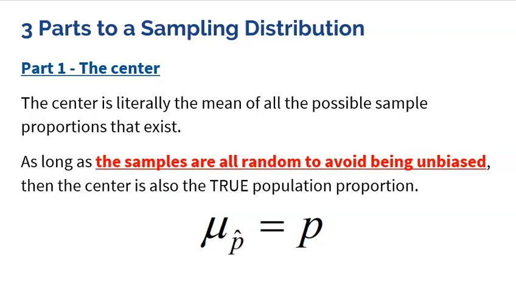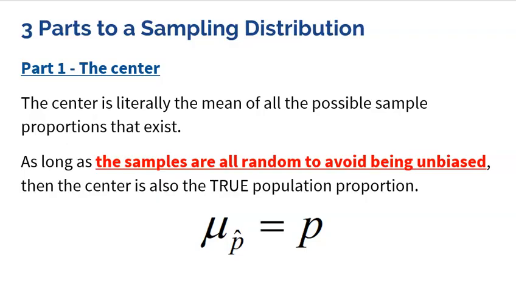Remember, a sampling distribution is filled with p-hats. Some are going to be higher, some are going to be lower. But what happens is you'll start to see a pattern. You'll start to see all those p-hats filling up, centering around one center hump. And that, my friends, is the true p.